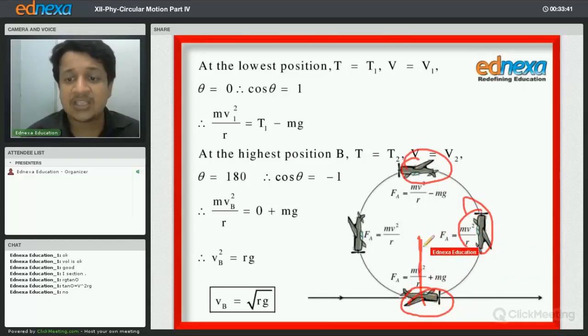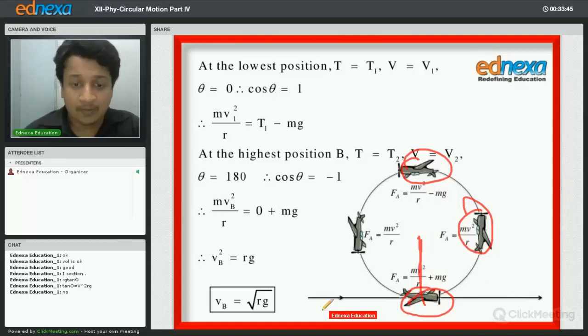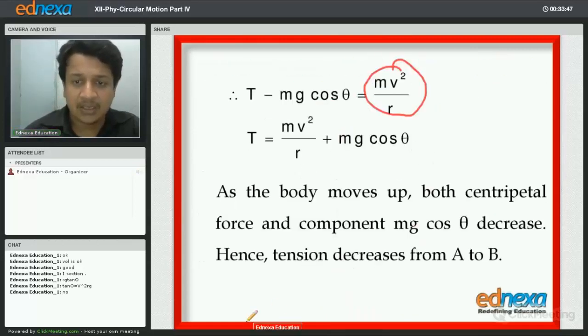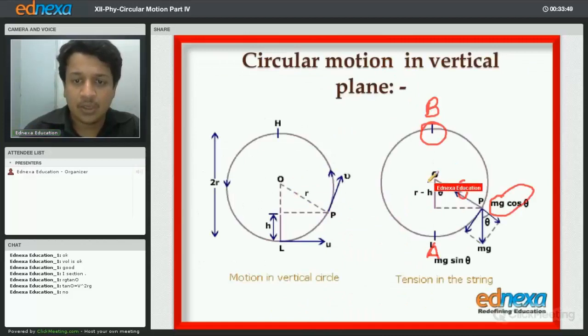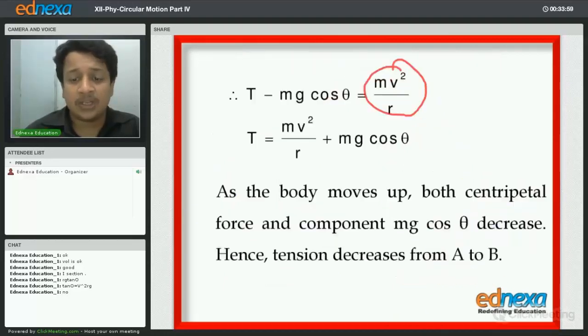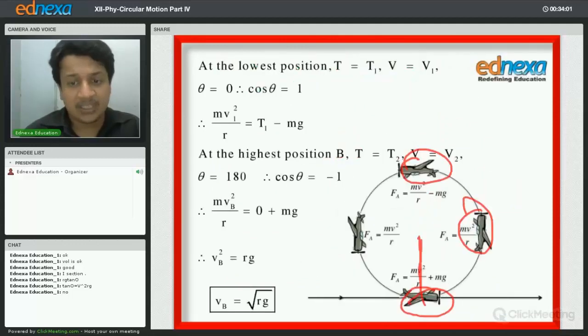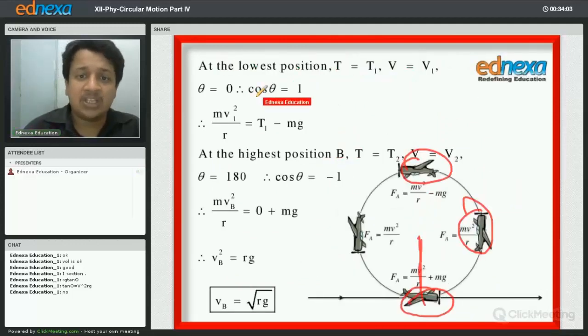Yes, theta is 0. This angle is theta, and at the lowest position, meaning this position only, theta is 0. So when theta is 0, cos 0 is 1.